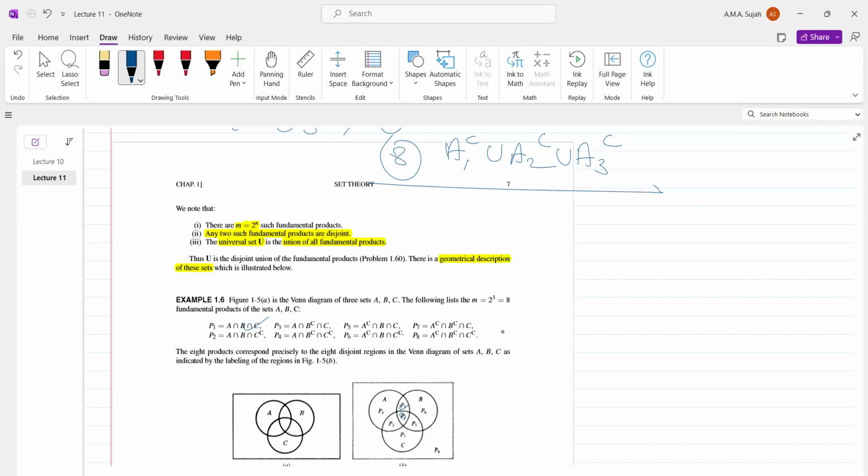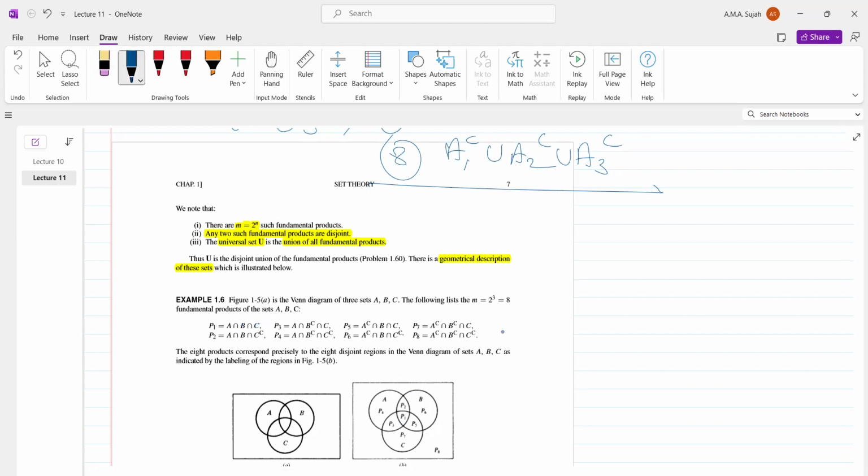They are not considering differences, only using the intersection symbol. Then A intersection B means this entire area. Then intersection C complement: C complement means outside this one, so it will consider only this area, right?